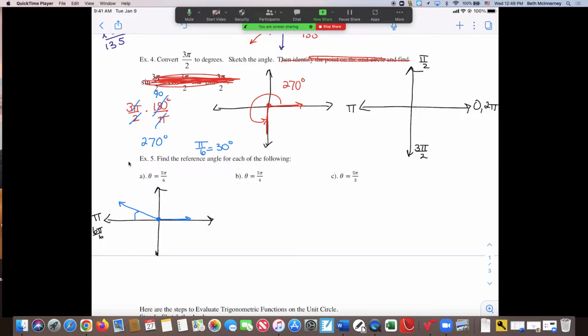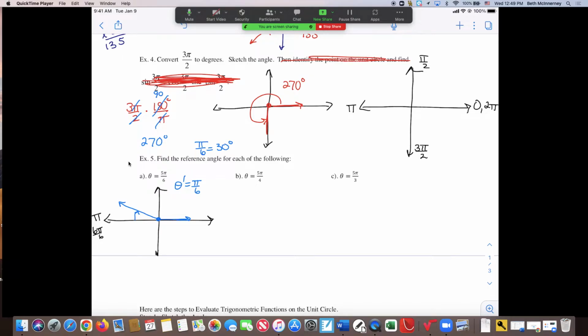So a reference angle, remember, is how far away from the x-axis are we? Let me repeat that. A reference angle is how far away from the x-axis am I? Can you tell now that theta prime is 1 pi over 6 away? And I did that in radians.